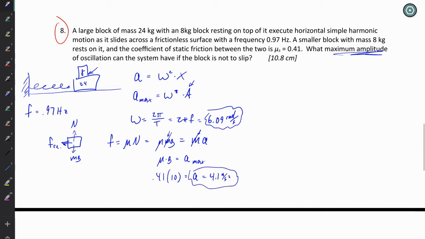All right, so we know how quickly this thing is going back and forth, and we know what its maximum acceleration could be, and let's plug those in. 4.1 equals omega, 6.09 squared, times the maximum amplitude. And you crunch the numbers and you find out that the maximum amplitude is 0.11 meters.